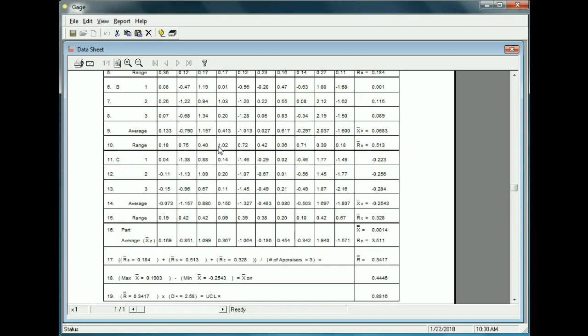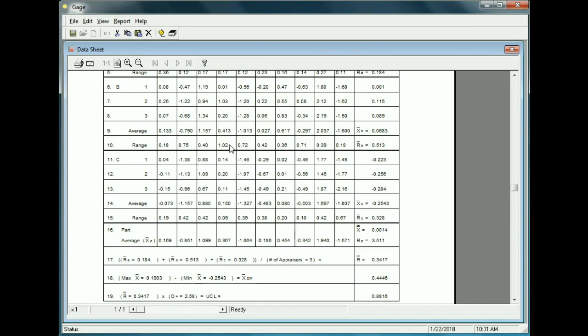Now, it could be for real, or maybe we wrote down the number incorrectly for a measurement, or maybe we did the measurement incorrectly by not putting the part in a proper way. Whatever the case may be, we need to look at that before we continue the study.